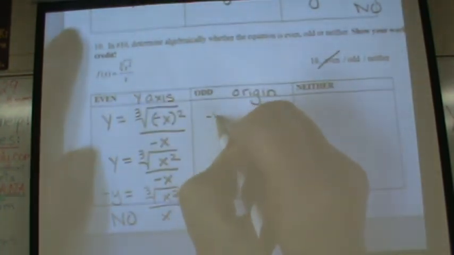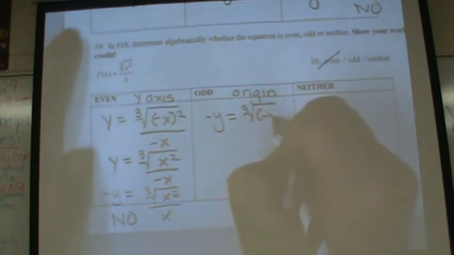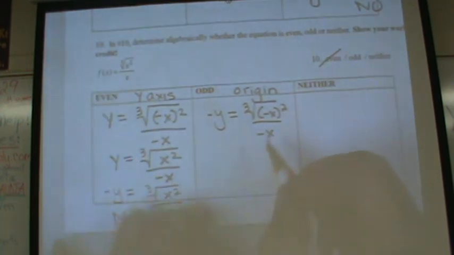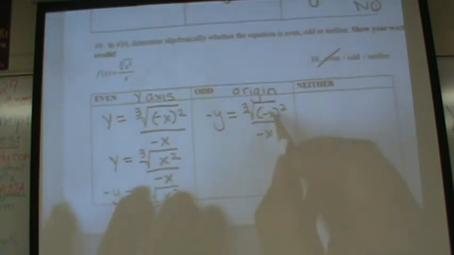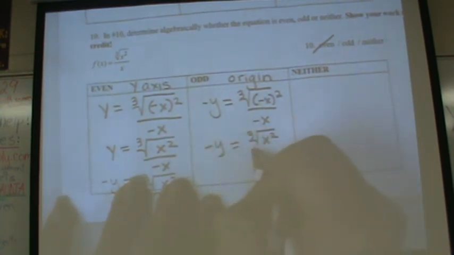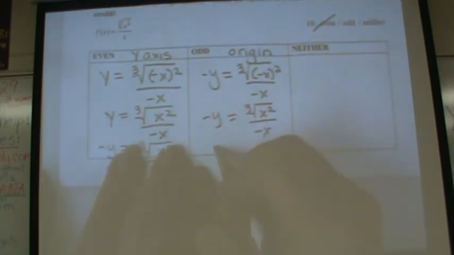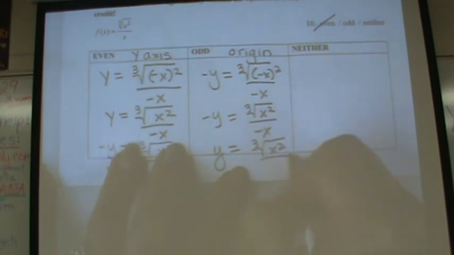You're going to write negative y. Does this equal the cube root of a negative x squared over negative x? Well, according to what's under here, that's going to go to positive x squared. And I can multiply both sides by -1 and get positive y equals the cube root of x squared over x.